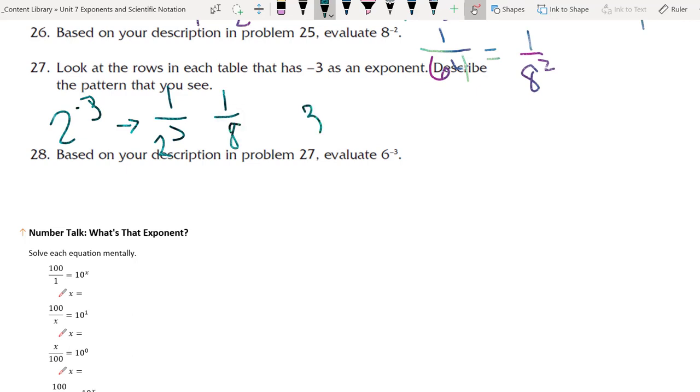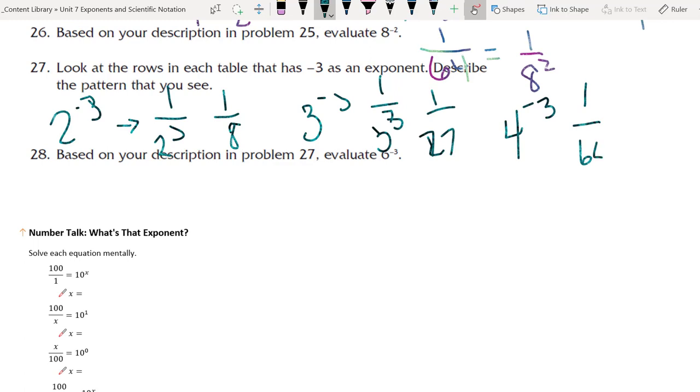When we had 3 to the -3rd, we had 1 over 3 to the third or 1 over 27. When we had 4 to the -3rd, we had 1 over 64 or 1 over 4 to the third. So based on that description in problem 27, what would you say 6 to the -3rd would be?